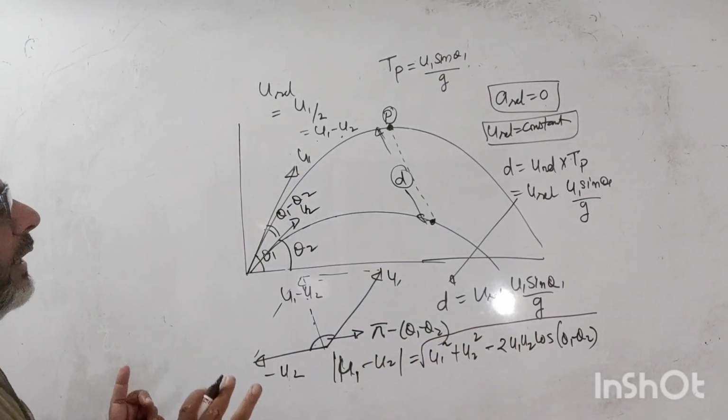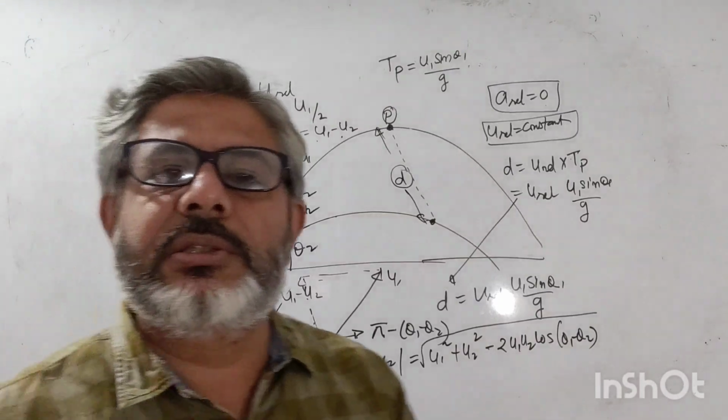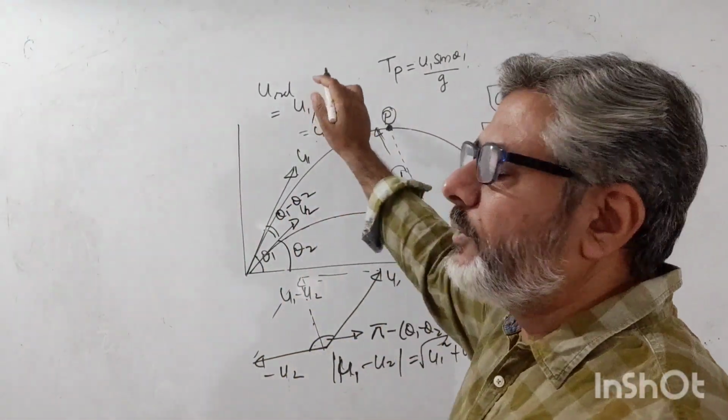So if you want to write it in symbols, suppose you get options, the answer I am writing here.